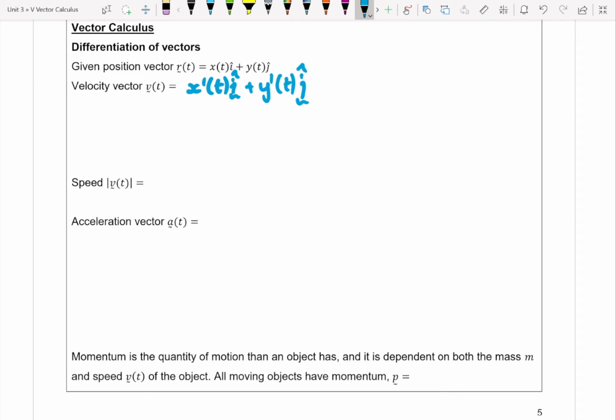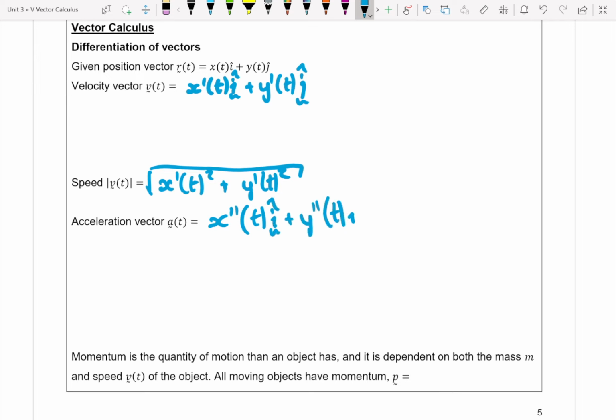Speed is just going to be the square root of the x component squared plus the y component squared. The acceleration vector is going to be the second derivative, so x double dash t i plus y double dash t j.